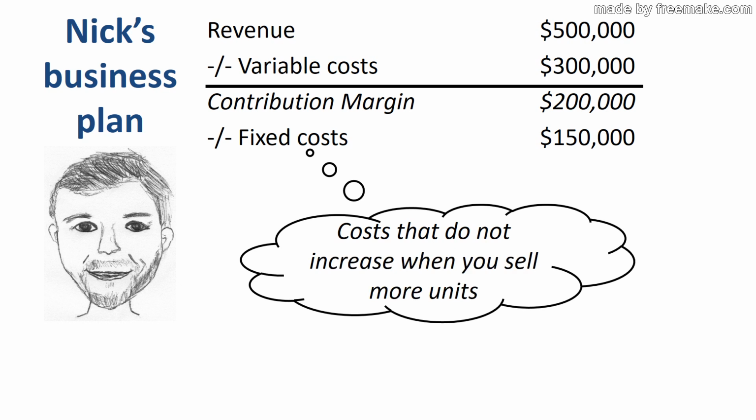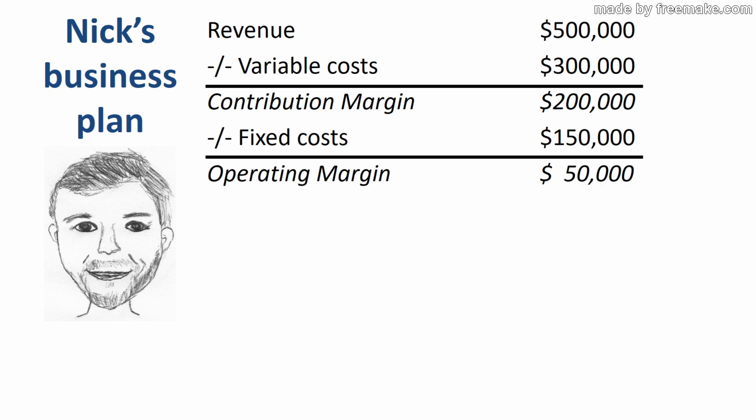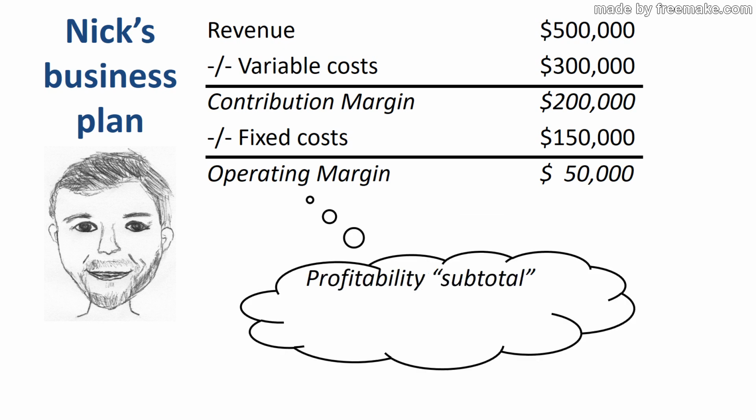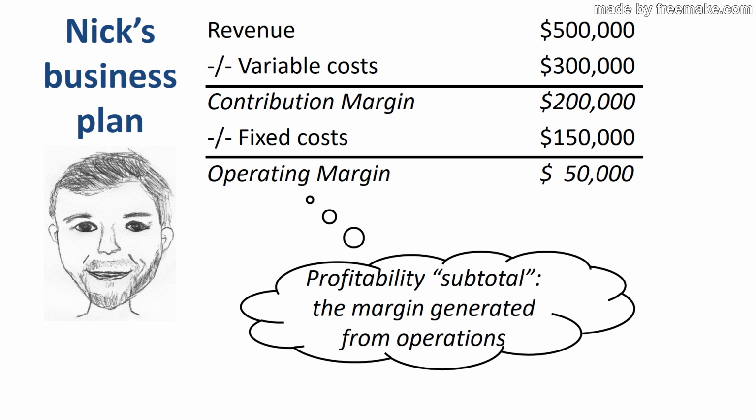Examples are depreciation on the production equipment, marketing expenses, and the salary of the managing director, Nick himself. Nick takes contribution margin and deducts fixed costs to get to operating margin of $50,000. This is another profitability subtotal that represents the margin generated from operations.